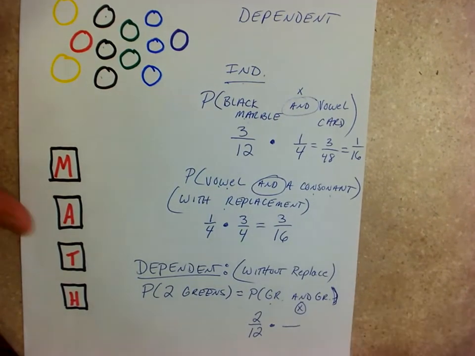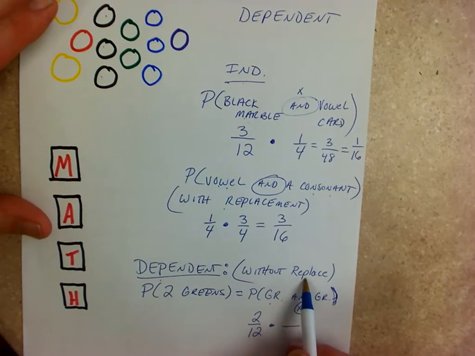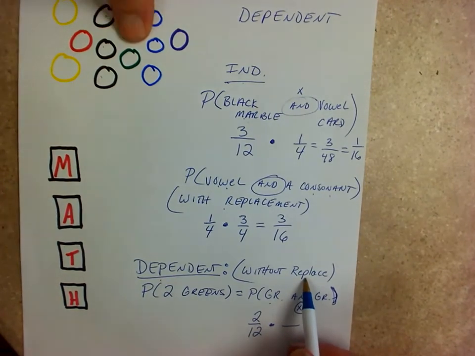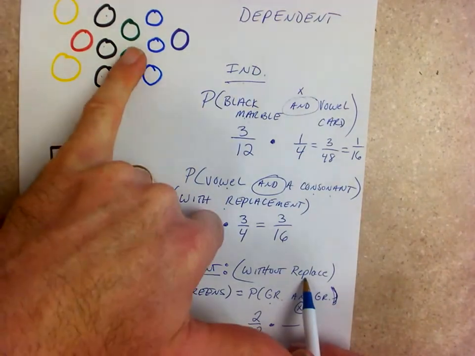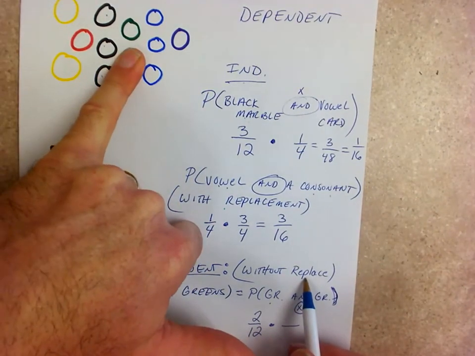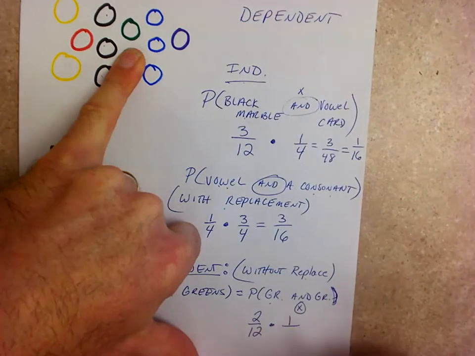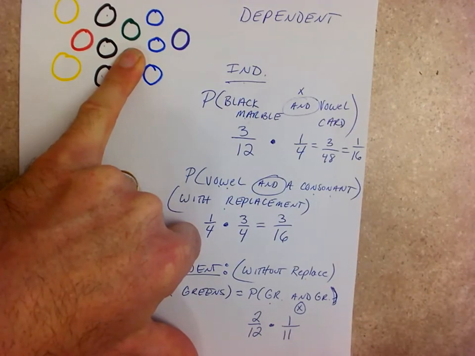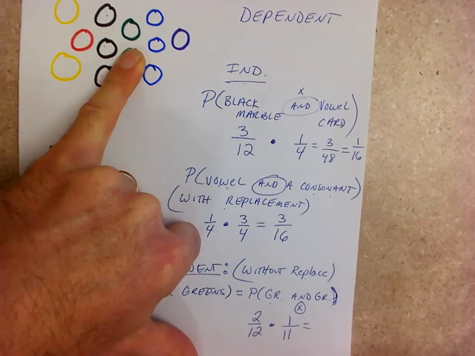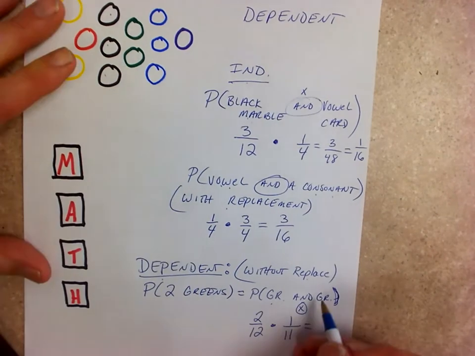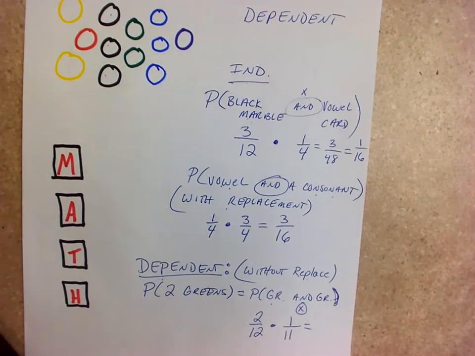Well, again, this is where these are dependent because we did not replace that first green. So now one of these is out. Now we only have 1 left, and there's only 11 marbles in the pile because we have 1 green already out. So we have to factor that in to our second probability here.